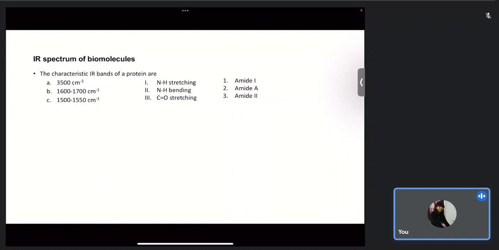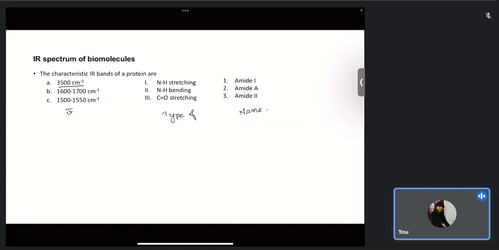The first column gives the wave number nu bar, the second gives the type of IR motion, and the third is the name of the band. We have been asked to match these three sets.